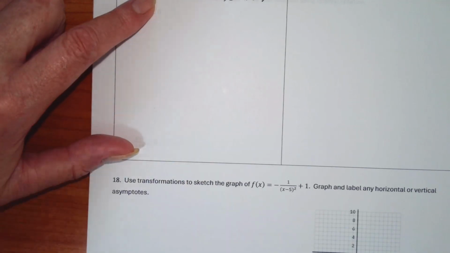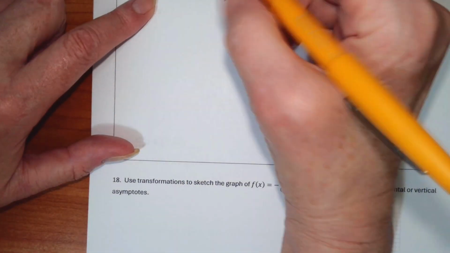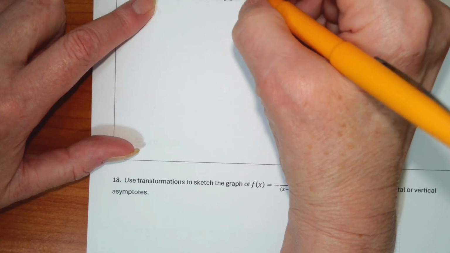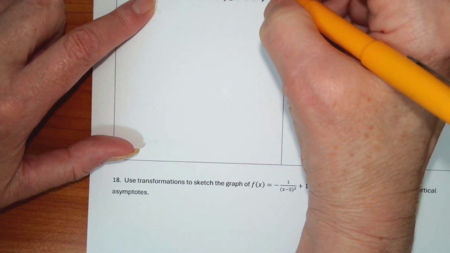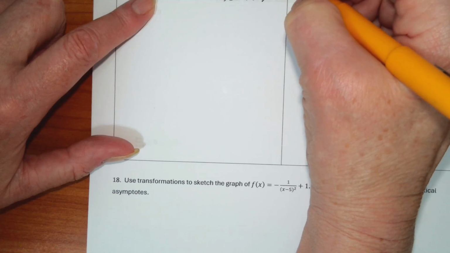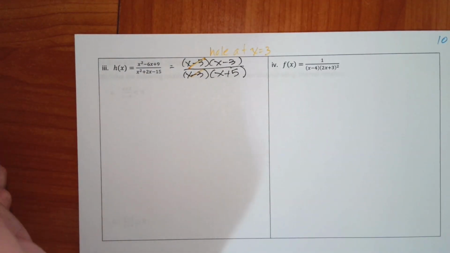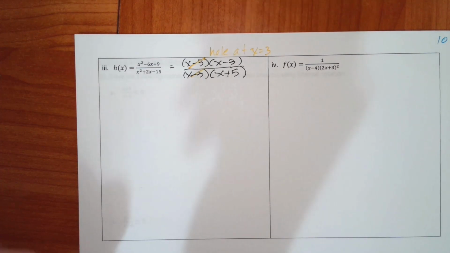Okay, so I have a common factor of x minus 3, so there is a hole at x equals 3. That doesn't impact any of the stuff that we're doing, but I'm only going to be looking at the simplified form for the rest of my information.